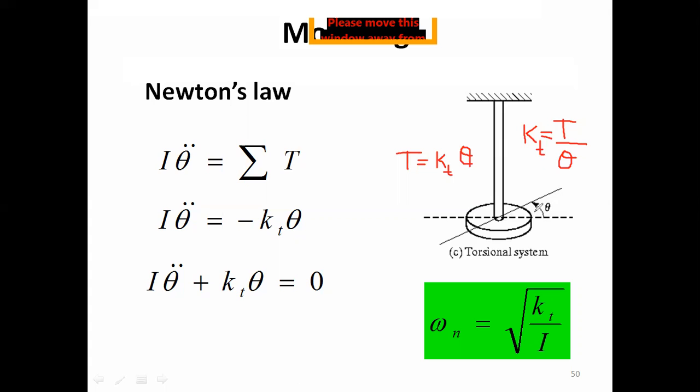So if you displace this to an angular displacement theta, then the restoring torque that would be produced would be Kt theta. So here, if the displacement is in that direction, the restoring torque would always be opposite to that. So here, T, which is the torque due to the stiffness of this rod, would be in the opposite direction.